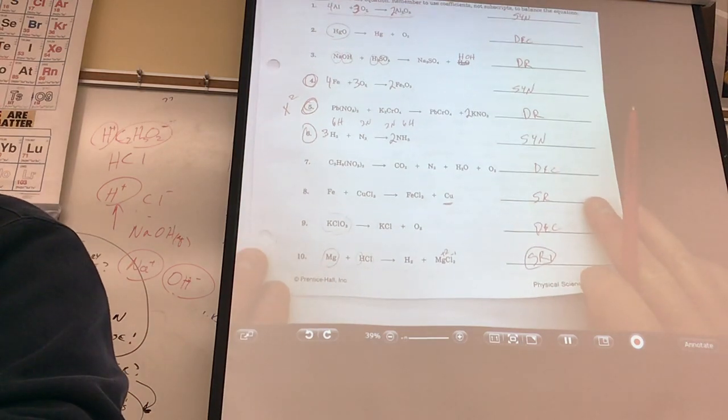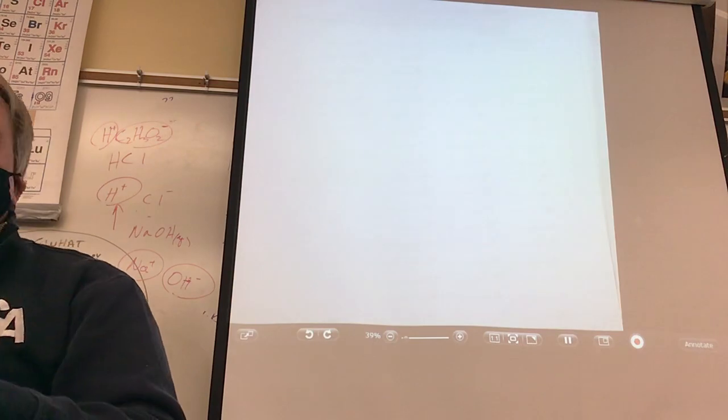Let me see if there's another one that has the polyatomic ion trick to it. Okay, let's go. All right, let's go to trick number 3. Trick number 3.